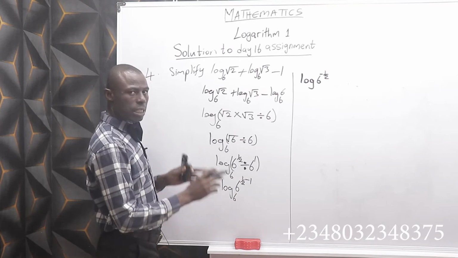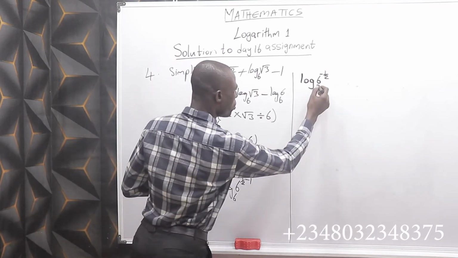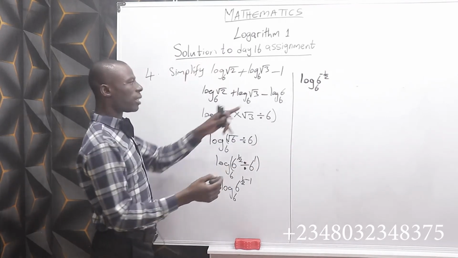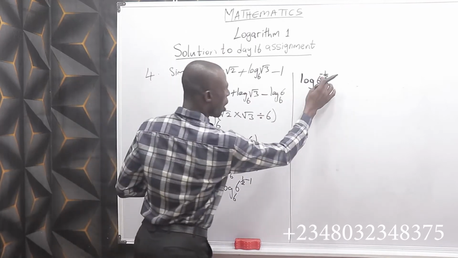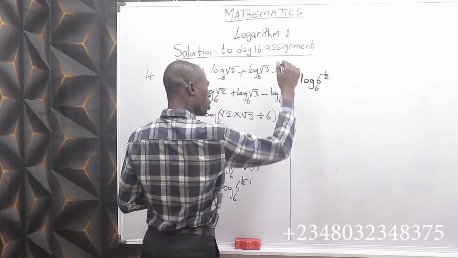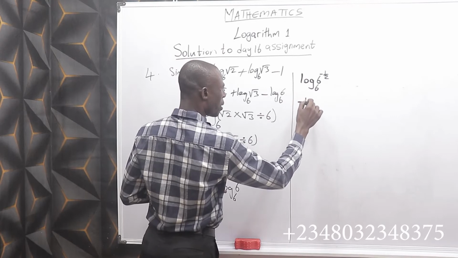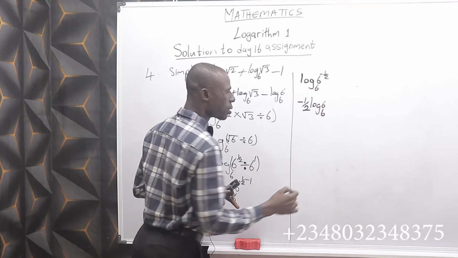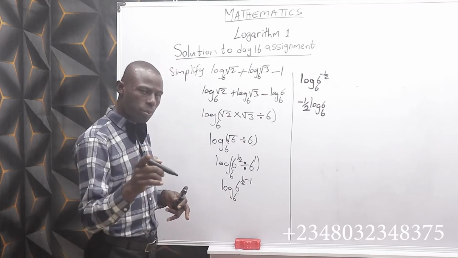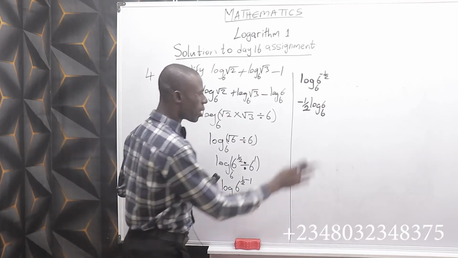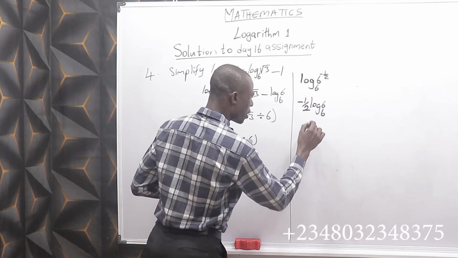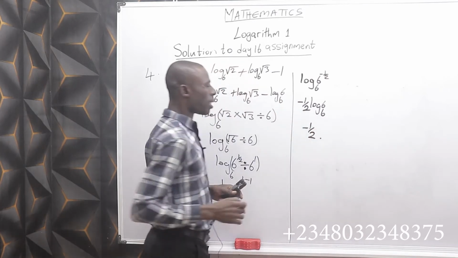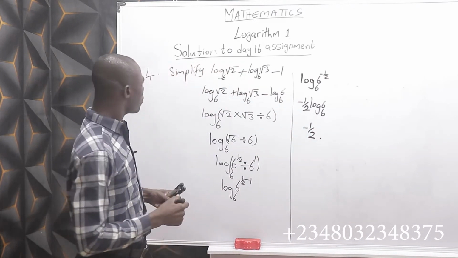Half minus 1 is minus half base 6. Remember this law. Send this power on the number of log to the back to have minus half log 6 base 6. Don't forget, log 6 base 6 is 1. 1 times negative half gives negative half. So the final answer is negative half.